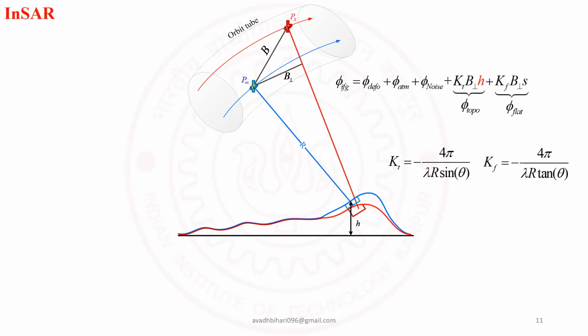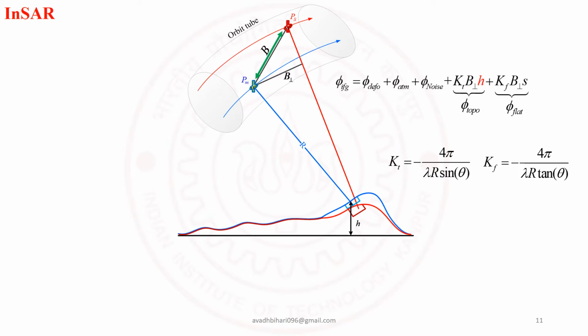But it's a hypothetical case that the satellite will move around the Earth and come exactly to the same location. In reality, there would be a separation between the positions of the satellite during different visits for image acquisition of the same area.